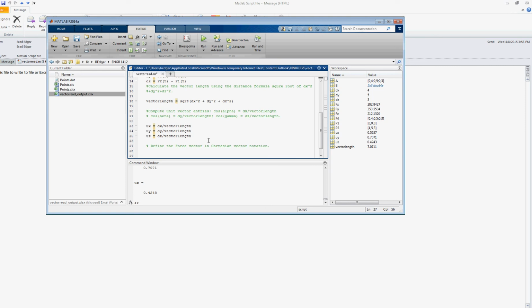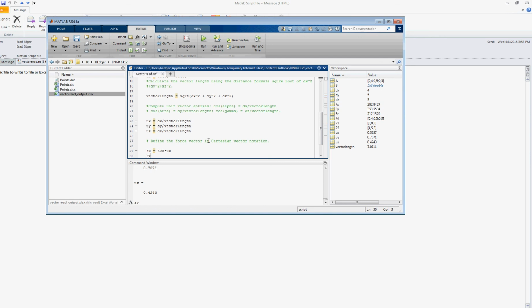So again, that's just going to be the force magnitude times the x, y, and z components of the unit vector respectively. So we'll say Fx is simply equal to 500 times Ux.